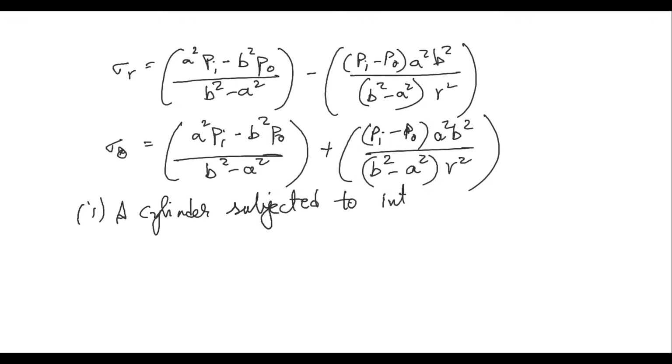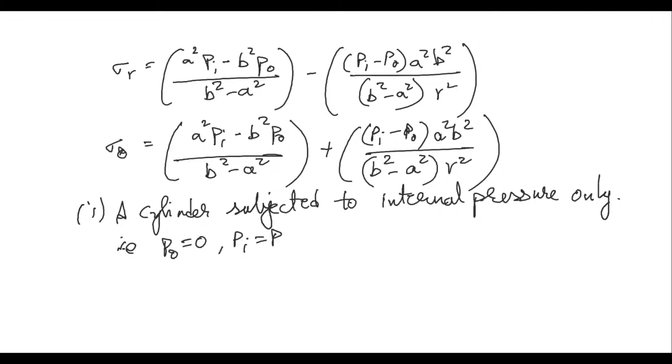So when it is subjected to internal pressure only, that is P naught equals 0 and Pi equals P. That is internal pressure. Some internal pressure is there.